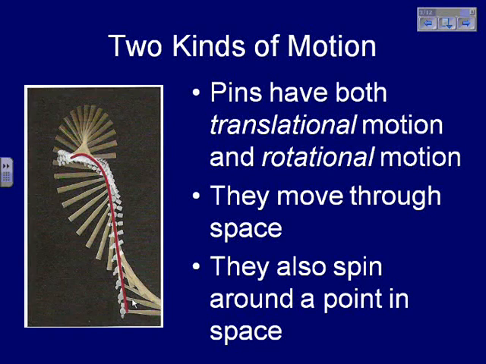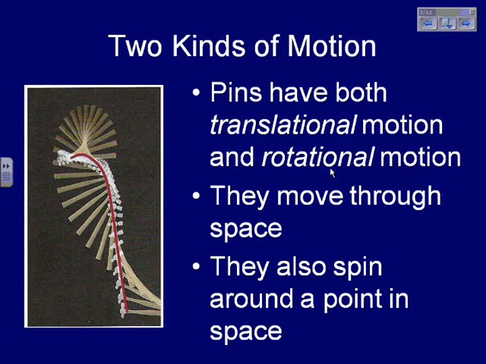Oh, because it has a point. Right, it's rotating around an axis. The Earth has translational motion because it's moving through space in its orbit, but it also has rotational motion as it moves around an axis. Does that make sense? Yeah.